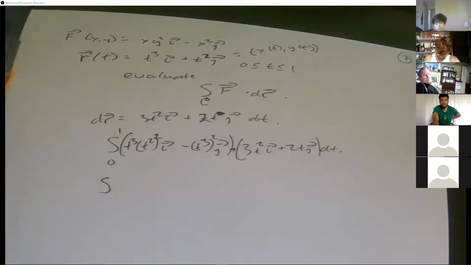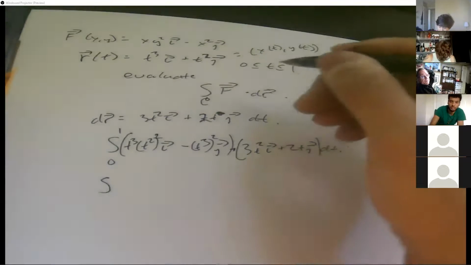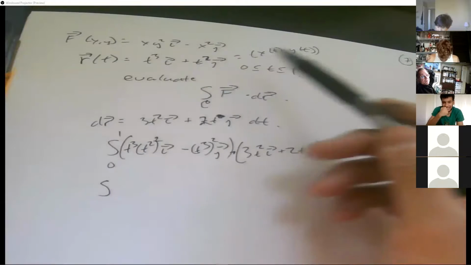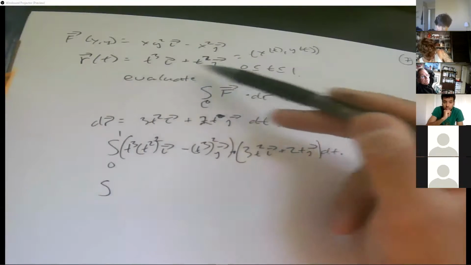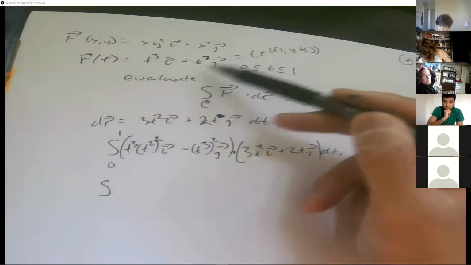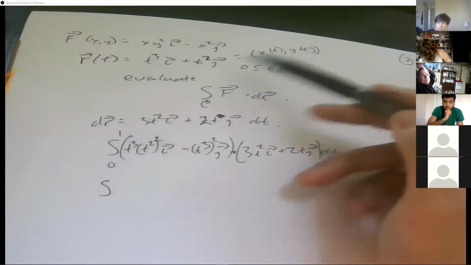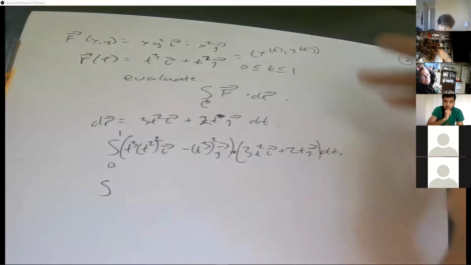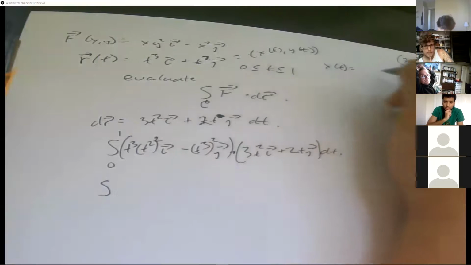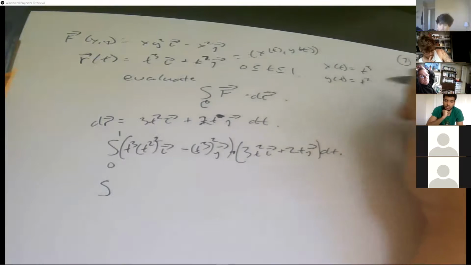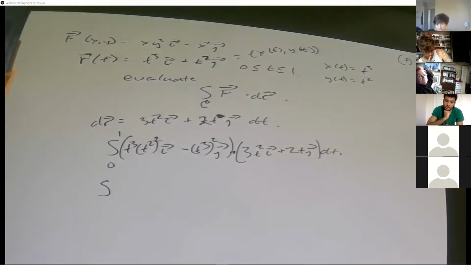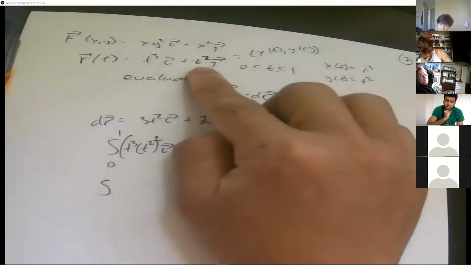Can you explain the whole f process again? I don't really get it. Okay, so let's think about what happened here. r of t is written in this format, right? But this actually means this, they mean the same thing, right? So that says that x of t is t cubed and y of t is t squared, because the j component is t squared.